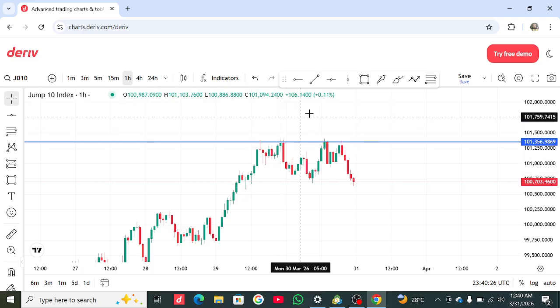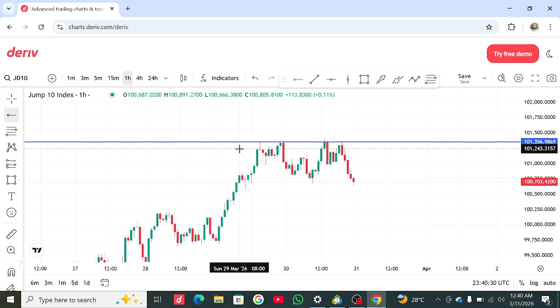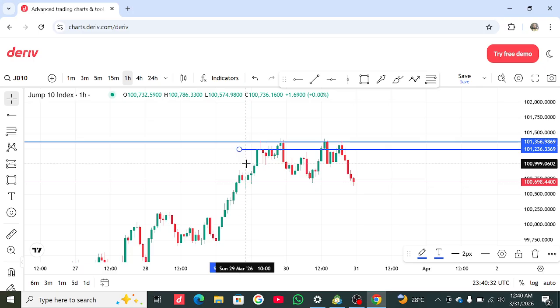I spotted another candle range, which is this. I spotted this candle range. So having spotted this candle range and I printed this bearish candle, I entered the sell from here and then dropped my SL at this point.